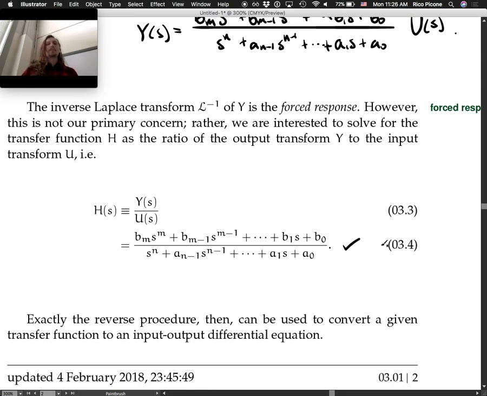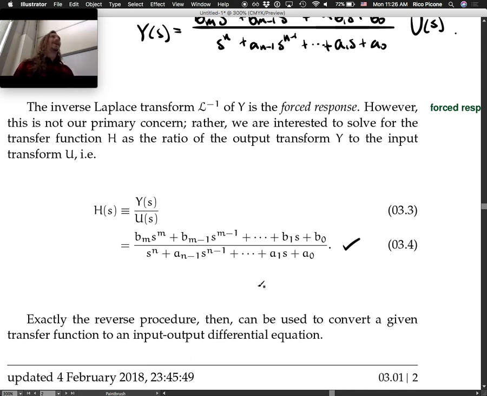Exactly the reverse procedure can be used to convert a given transfer function to an input-output differential equation. If you're given this, you could go back to the differential equation in a very analogous way, essentially just retracing your steps. Now, do you need to go through this derivation every time?